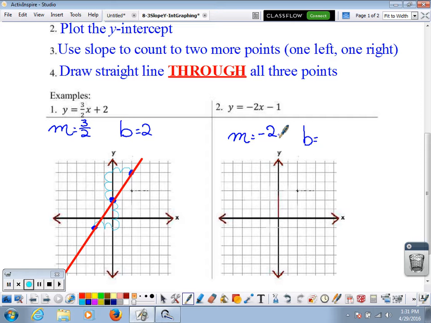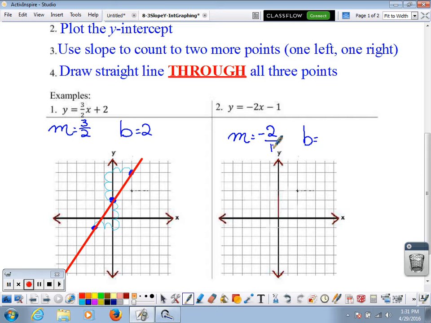How can I take an integer and write it as a fraction? Maddie? Put it over 1. So -2 over 1. Rise over run. Now what about b? What about the y-intercept? Well, it's the constant term on the end. We have to be careful here because there's something tricky.